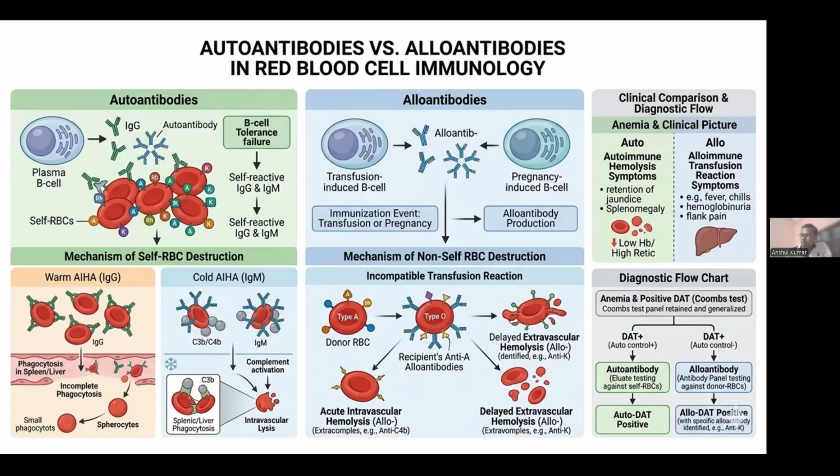So one is Rh incompatibility, when an Rh negative mother conceives a baby with Rh positive blood group, and in ABO incompatibility there is a mismatch of ABO blood type.